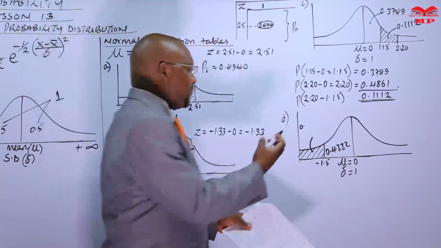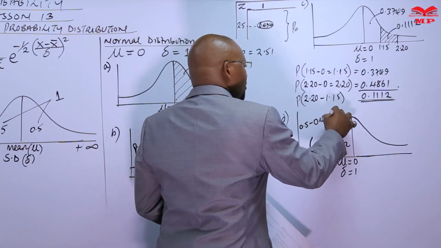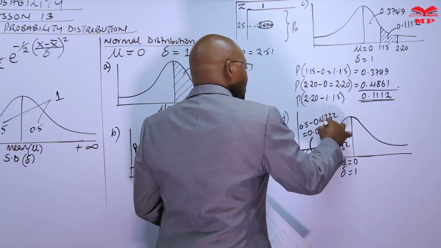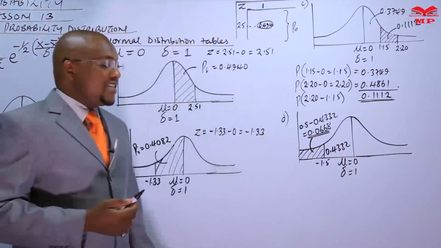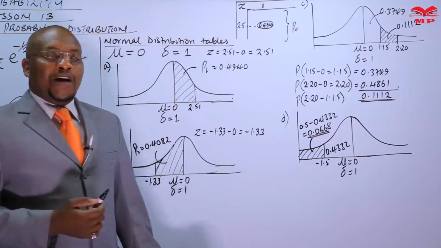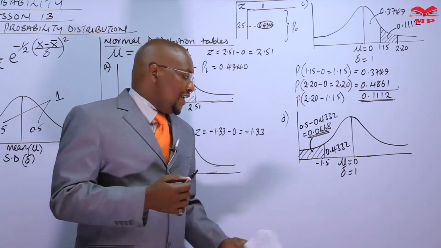This is going to be 0.5 minus 0.4332. This shall be 0.0668. So the answer is 0.0668 as the area for the value of less than negative 1.5.